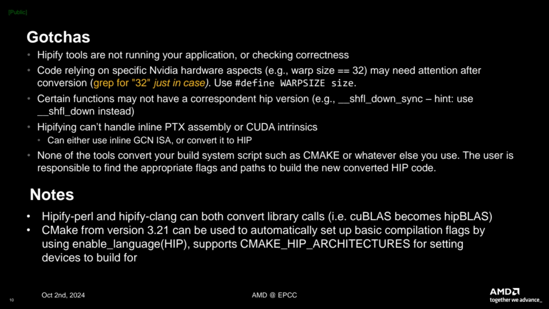So that's also something that you are in charge of. On the other hand, as I mentioned, hipify-perl and hipify-clang can convert library calls, so cuBLAS will become hipBLAS. And CMake has some automatic setup tools that can support some HIP related CMake flags.